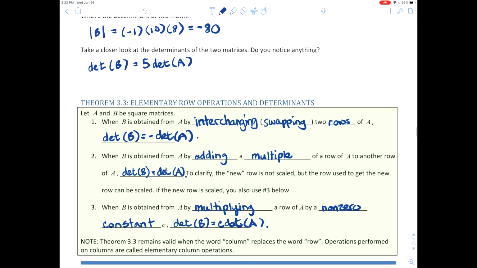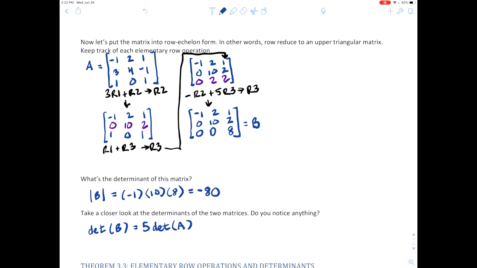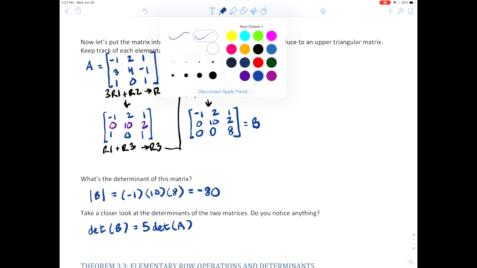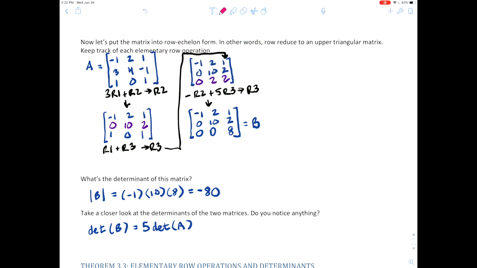Groovy? So let's see what we did on each of these. On our first iteration here, we multiplied the non-changing row by 3, added to it row 2, and got a new row 2. At this point, the determinants are unchanging.